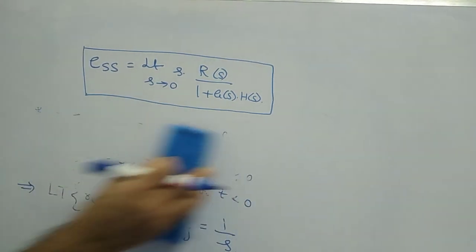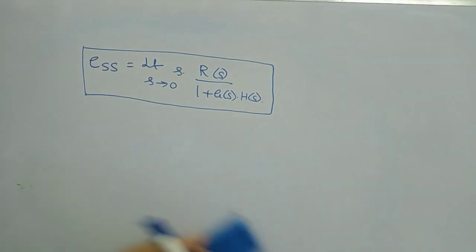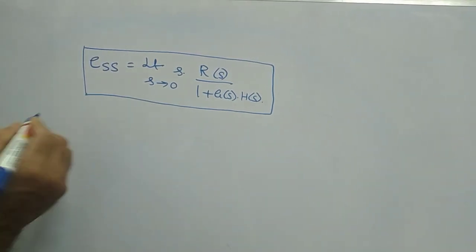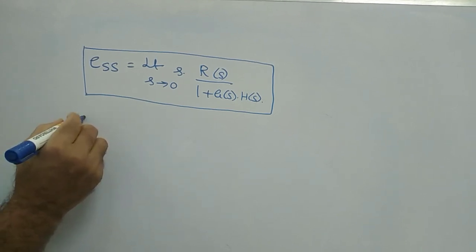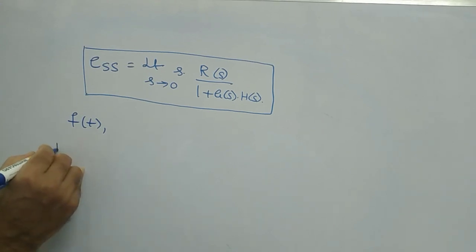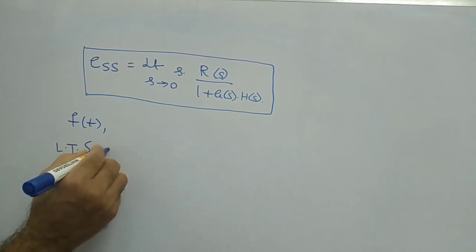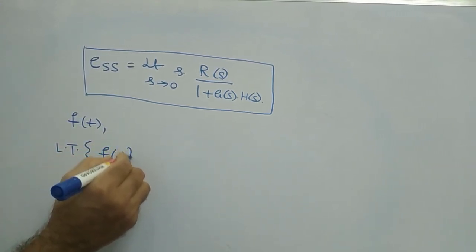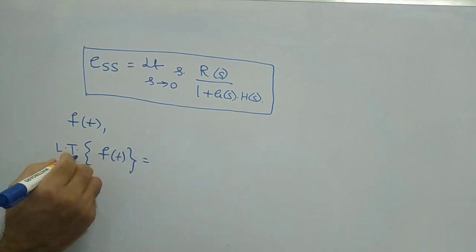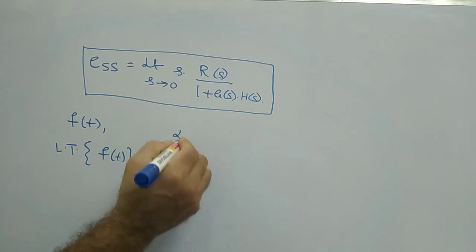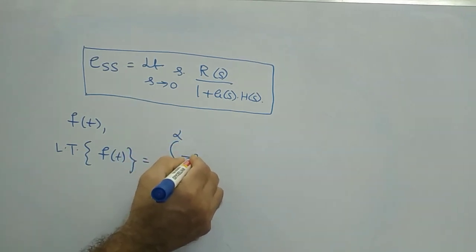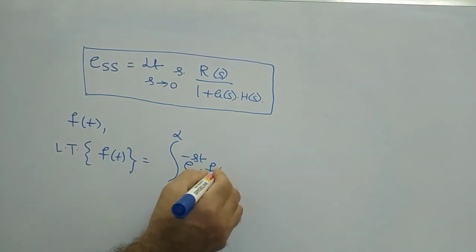There is nothing big in this actually. For your quick reference I can explain that also. If f(t) is any given function, then the Laplace transformation of f(t) is defined as the integral from 0 to infinity of e^(-st) f(t) dt.